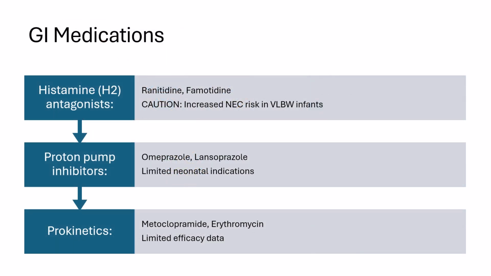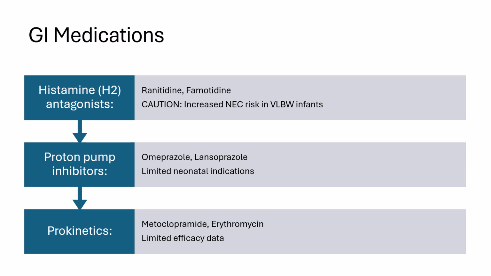Gastrointestinal medications appear occasionally on the exam. Histamine H2 antagonists like ranitidine and famotidine reduce gastric acid production but carry significant cautions in very low birth weight infants. Proton pump inhibitors like omeprazole and lansoprazole more completely suppress acid but have limited neonatal indications.